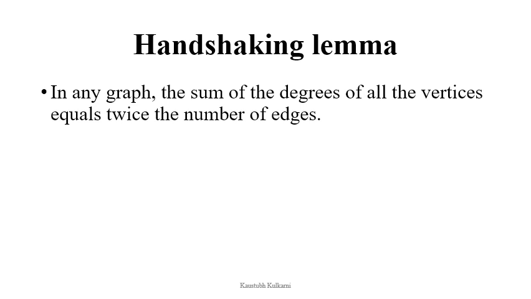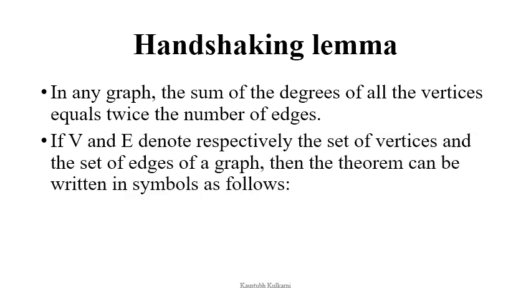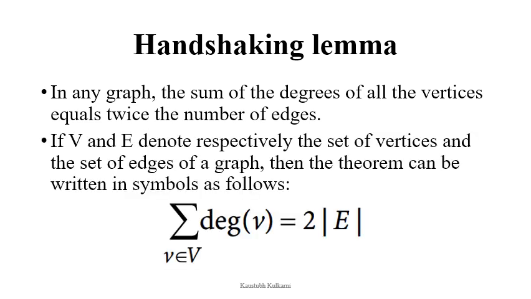Each edge contributes 1 degree count to each of its endpoints, right? So the total degree count will be twice the number of edges. Mathematically, we can write this as the summation of all the degrees is equal to twice the number of edges.